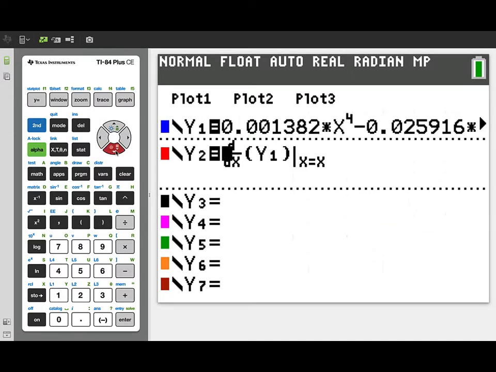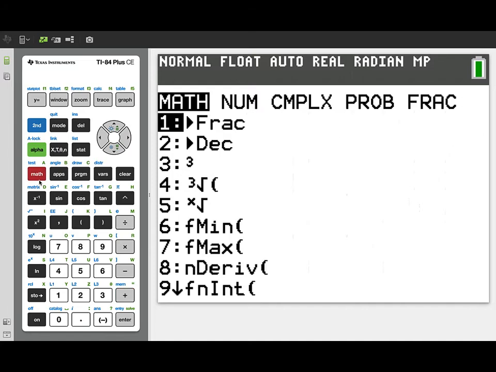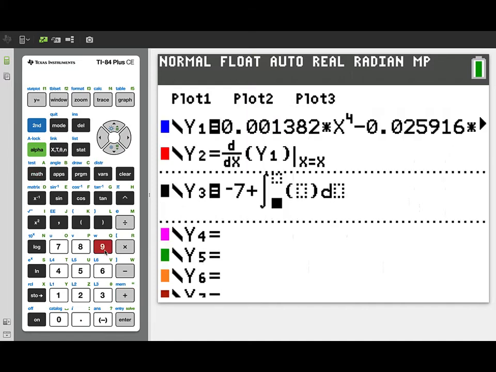Okay, now let's go back to the y equals menu. This time I'm going to turn off the derivative, and now we're going to turn the tables a bit and actually think of the blue graph as the derivative of some other function. We're given that this function who has the blue graph as a derivative has a value of -7 at x equals 0.